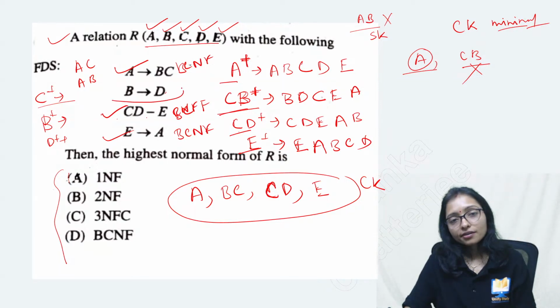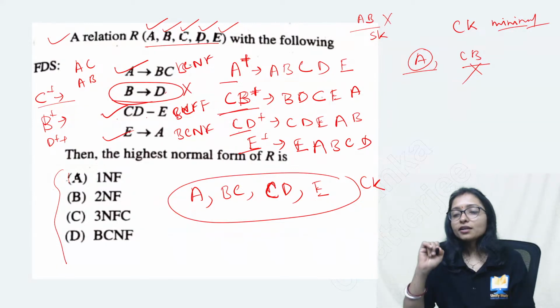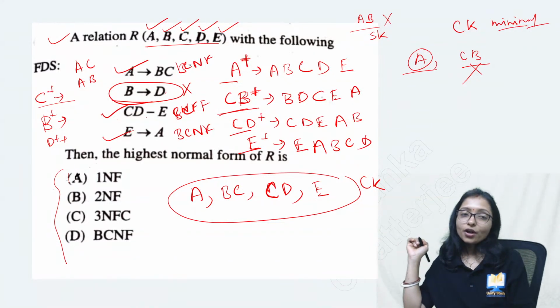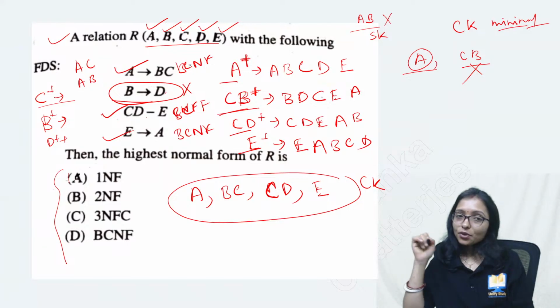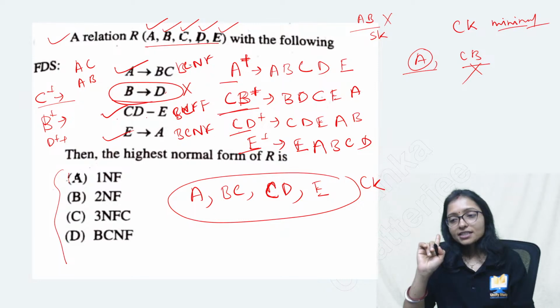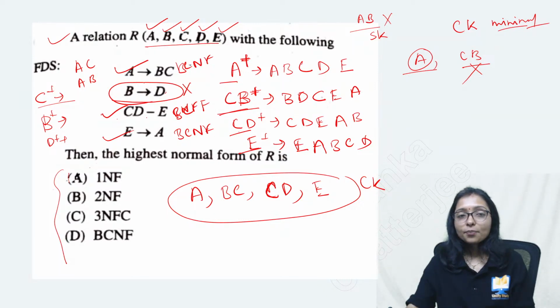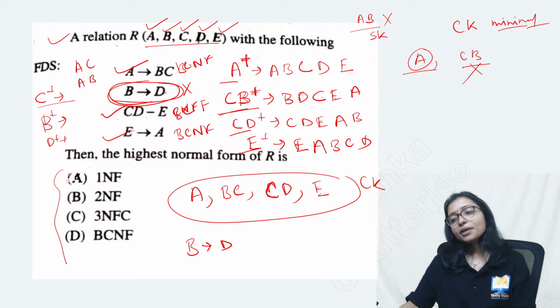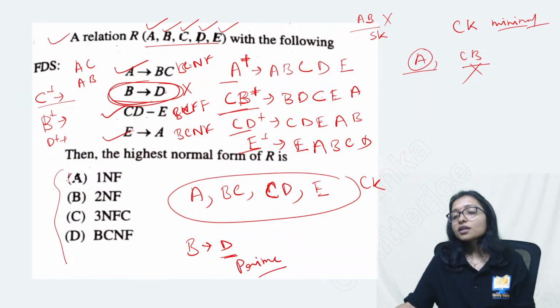The only problem is here, this is not in BCNF, because all the others have a candidate key on the left-hand side. The only problem is B implies D. B implies D: D is a prime attribute and B is also a prime attribute.